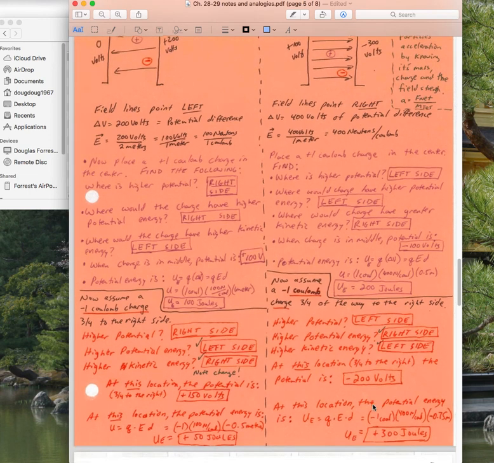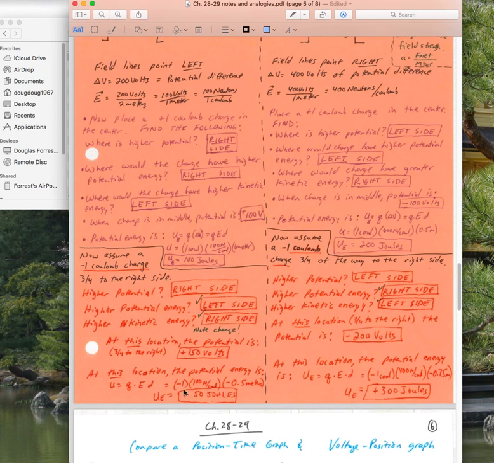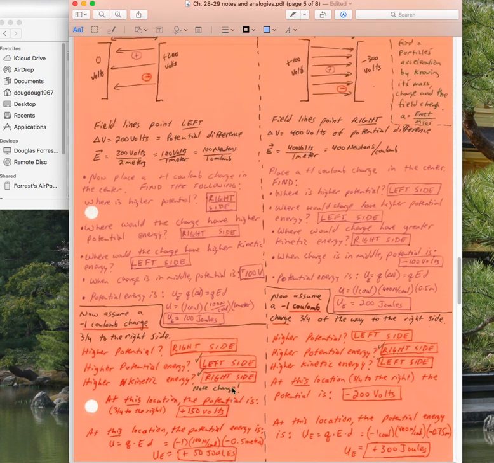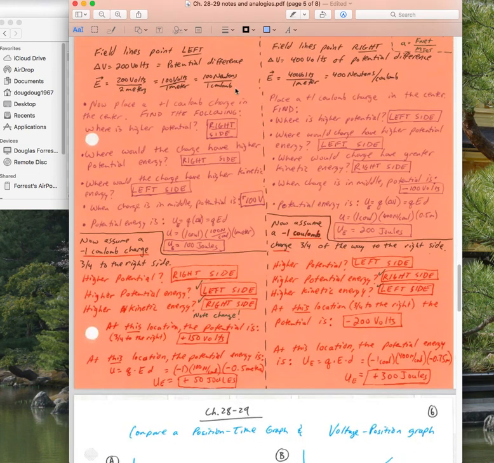Now technically over here, I think I screwed up with how I did this. Technically, this electric field is pointing negative, and the distance that you would go over here would be positive. So I think I'm going to redo that.